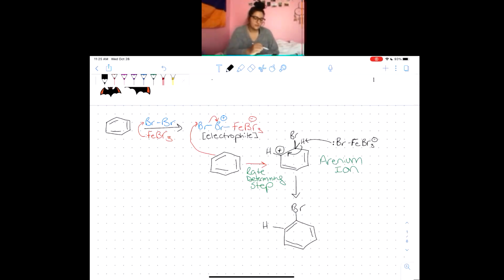And just so you guys know, we also get the byproduct HBr and FeBr3. Because once that Br steals the hydrogen, it separates and forms HBr, and we reform our acid catalyst.